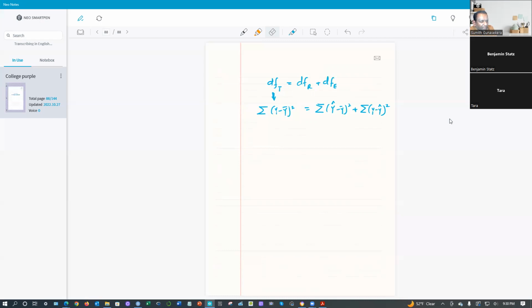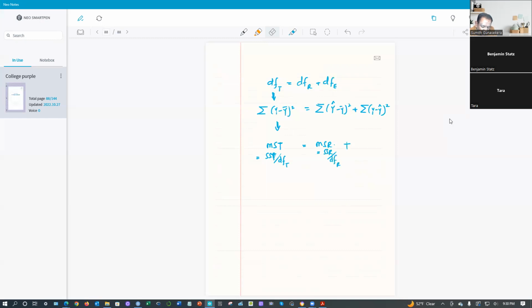So if you go further down here, mean squared total is sum of squared total divided by degrees of freedom of total. On this side, mean square regression is sum of square regression divided by degrees of freedom of regression.